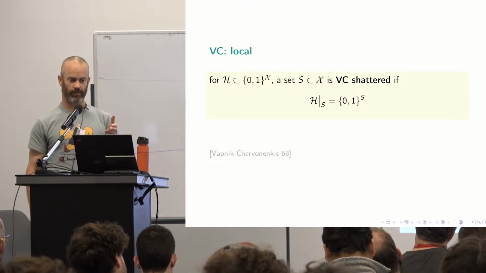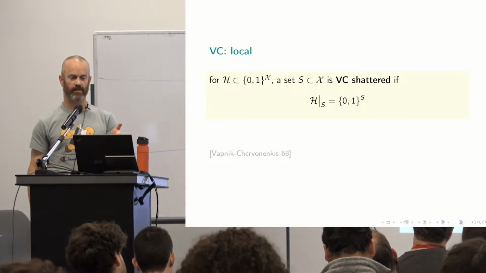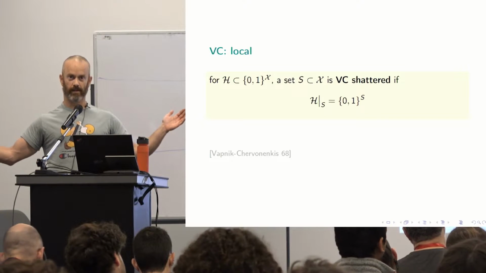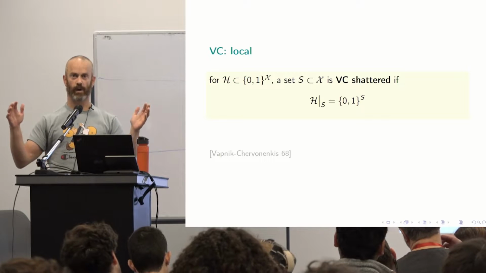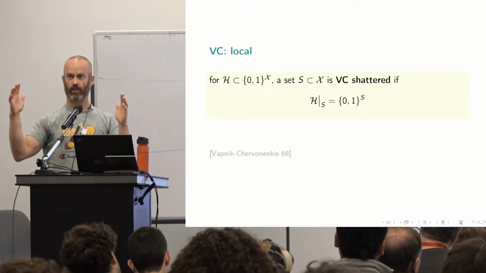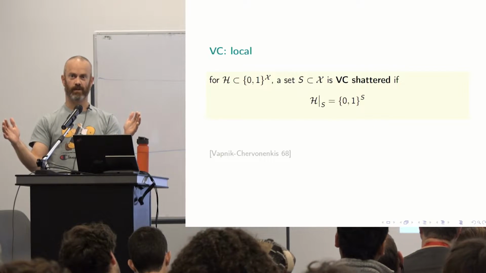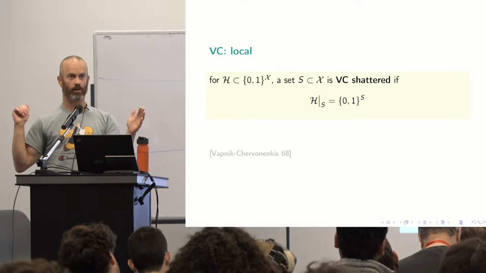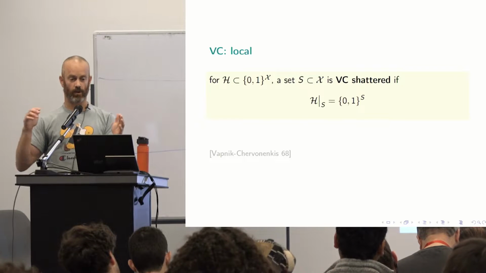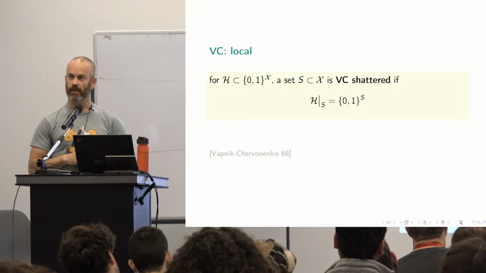And the notion of shattering, in a local sense: we say that a subset of x's is shattered if when we project all functions to this part of the universe, we see every possible option, all Boolean functions, all Boolean values. Does it make sense?